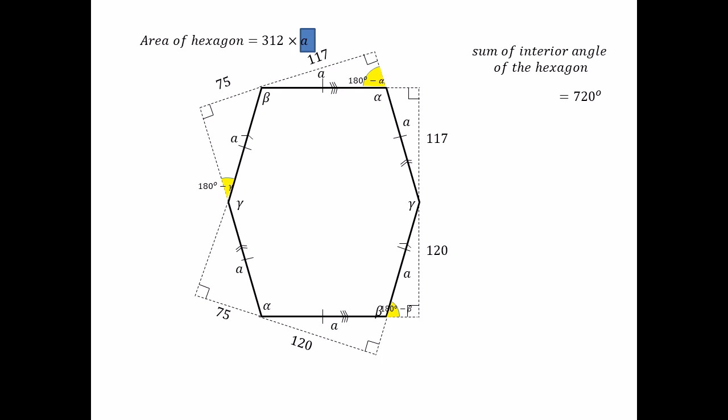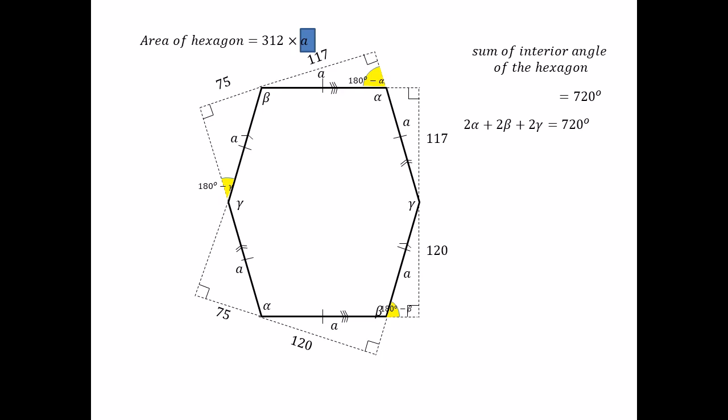Because when you join this, it will become two triangles and a quadrilateral, and the sum of the two triangles is 360 degrees and the quadrilateral is 360 degrees, so the sum of interior angles of the hexagon is 720 degrees. And look here, the interior angles of the hexagon are alpha, beta, gamma, alpha, beta, gamma.